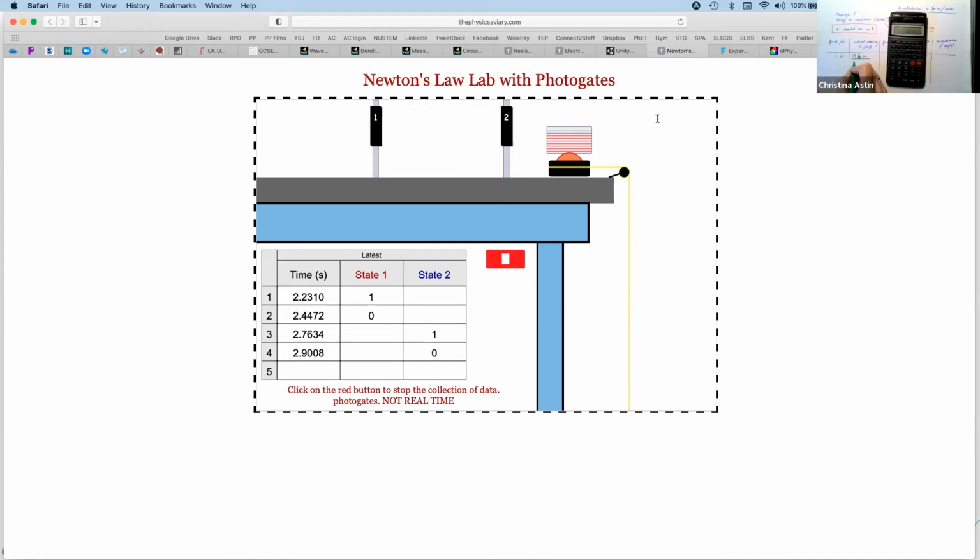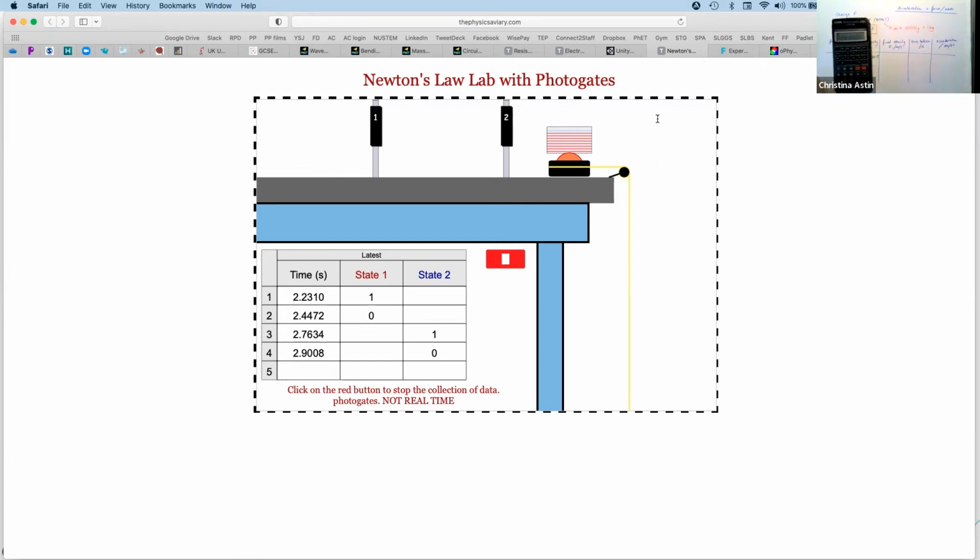So that's the time it took to go through the light beam, 0.2162 seconds. So I take my 17.4 and I divide by 0.2162 and I get 80.5 centimeters per second. Okay, that's how fast it was going through the first light gate. So that's what we call the initial velocity u.